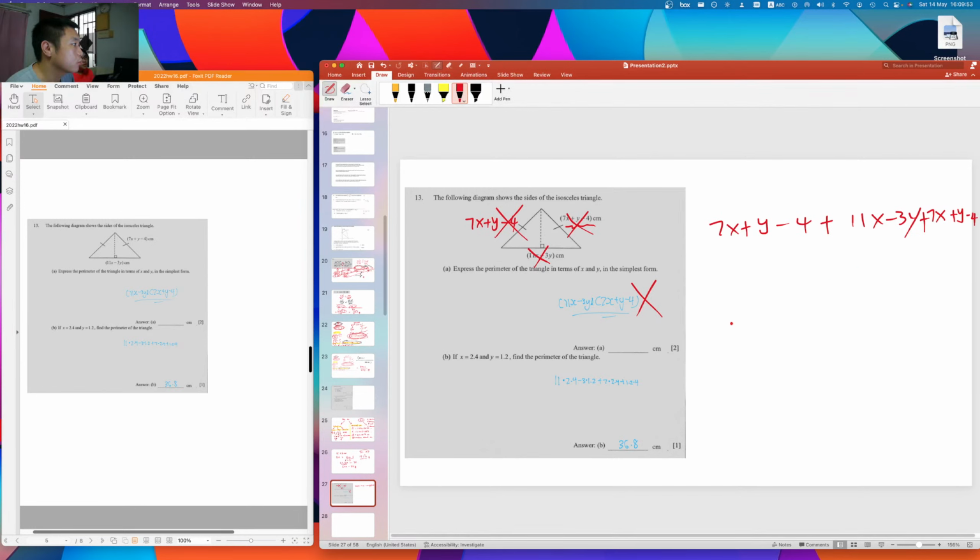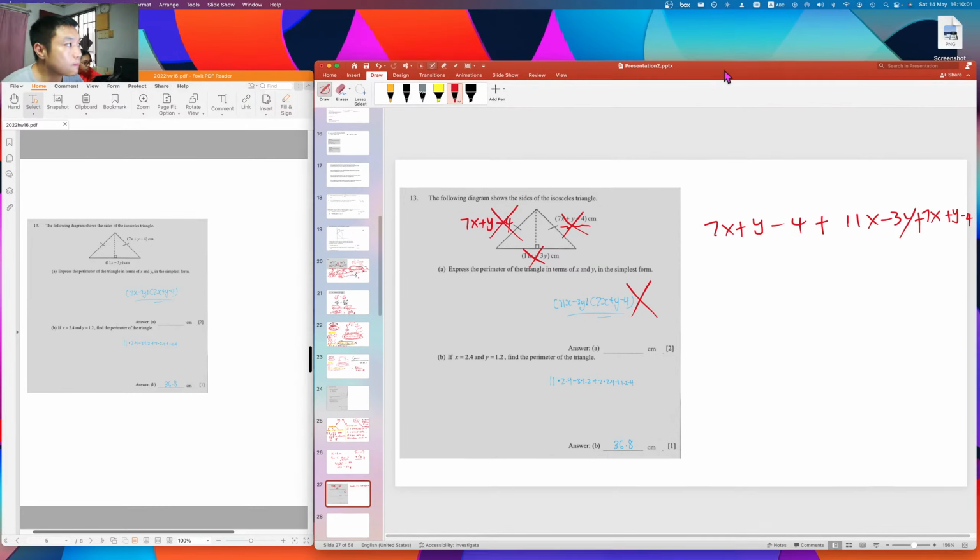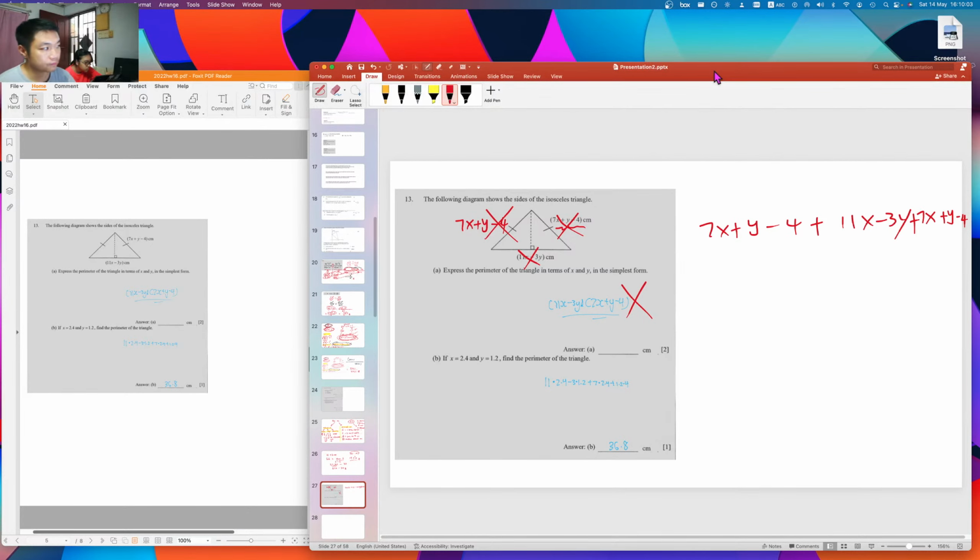Do it now. Just go to a blank page. Do it. Give you some time.